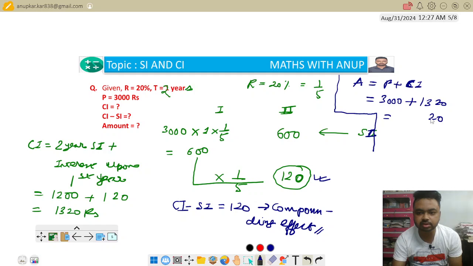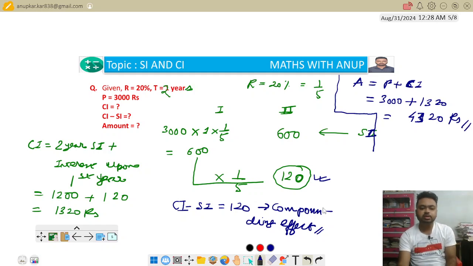So 4320 rupees is my amount. Okay. So you can see one thing, that simple interest for 2 years is 1200 and compound interest for 2 years is 1320. So obviously my compound interest will be more than the simple interest. That is the benefit of compound interest. Okay. Now let's proceed to the next question.